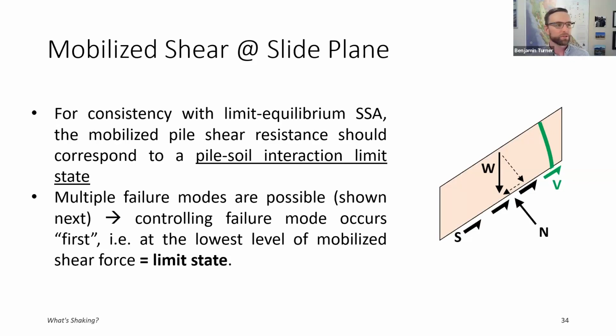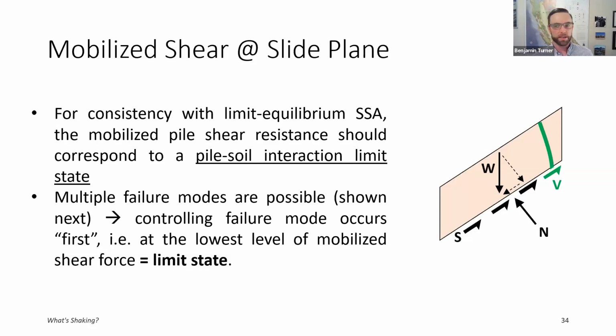And we as engineers recognize that it takes some deformation to get to that shear strength. If we think about a stress strain plot from a laboratory test on soil, it doesn't just go straight up to the shear strength. There's some curvature and strain to get to that point. It's the same thing for a pile. It doesn't just suddenly fail in flexure or shear. It takes some displacement to get to that point.